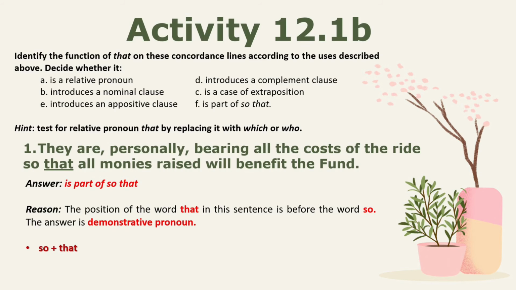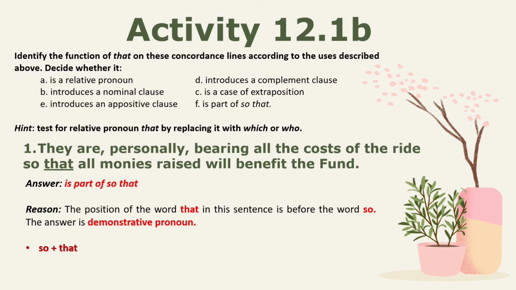Decide whether it A. is a relative pronoun, B. introduces a nominal clause, C. is a case of extraposition, D. introduces a complement clause, E. introduces an appositive clause, F. is a part of so that. The hint is test for relative pronoun that by replacing it with which or who.